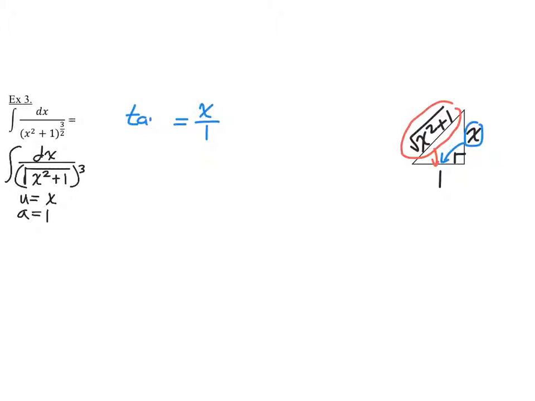So the tangent ratio is equal to x over 1. And the ratio of the radical to the constant is the hypotenuse over the adjacent, which is the secant ratio. So secant of theta is equal to the square root of x squared plus 1. This one's a little bit nicer than the previous ones, over 1, because the over 1 part becomes irrelevant. We don't need it.